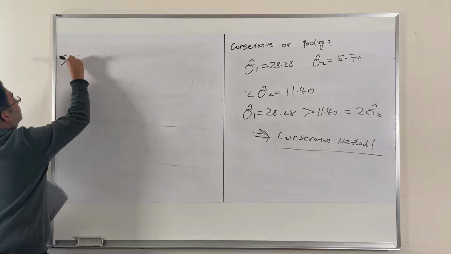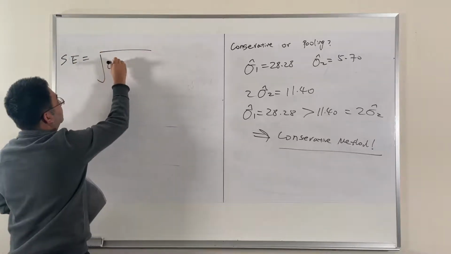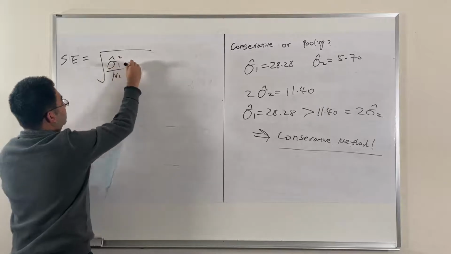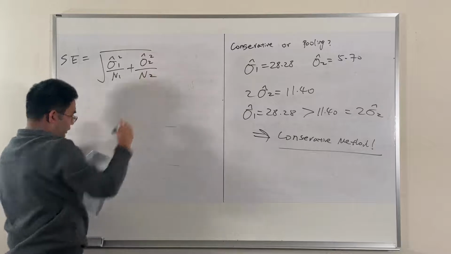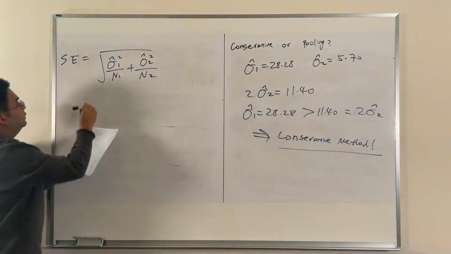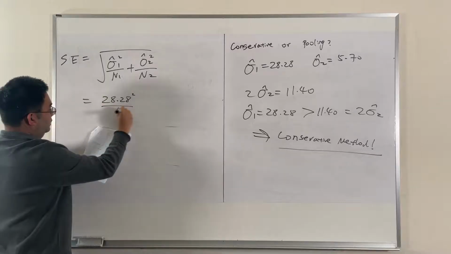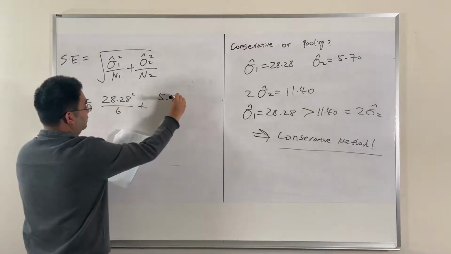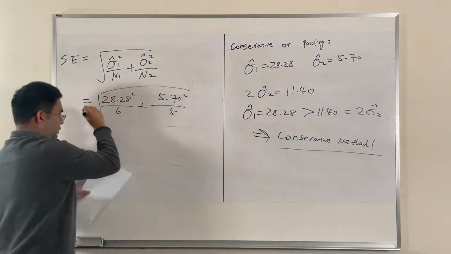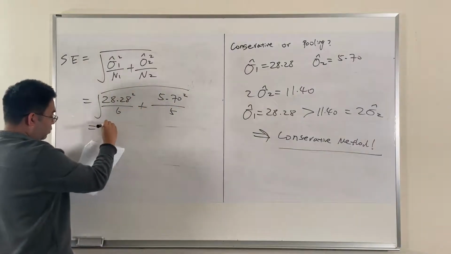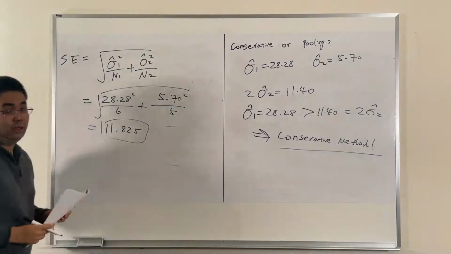The standard error equals the square root of sigma 1 hat squared over n1 plus sigma 2 hat squared over n2. That's 28.28 squared over 6 plus 5.70 squared over 5. Take the square root of this, and it gives us 11.825. This is our standard error.